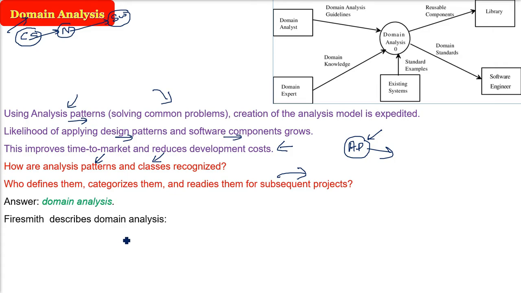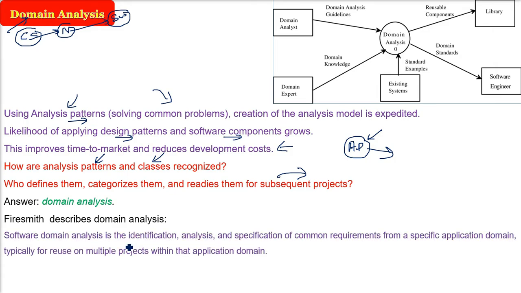So Firesmith described domain analysis in certain ways. He says that software domain analysis is the finding, identification, analysis, and specification of the common requirements for a specific application domain, as I suggested, networking, switches.